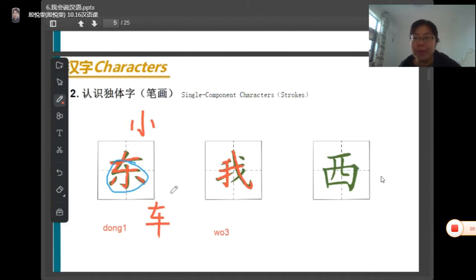Just half of them look the same. We can see 东 here is 小 and 车 here is 实, right? Okay, go on. 撇. Last, 点.